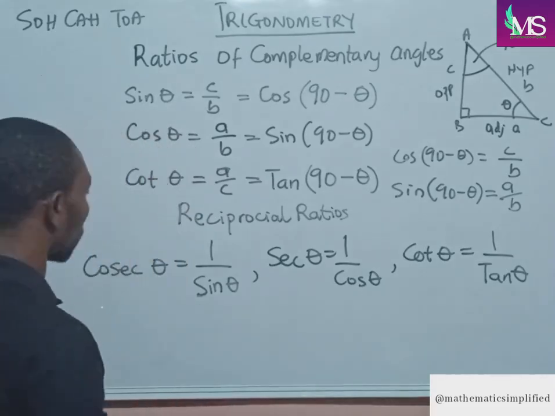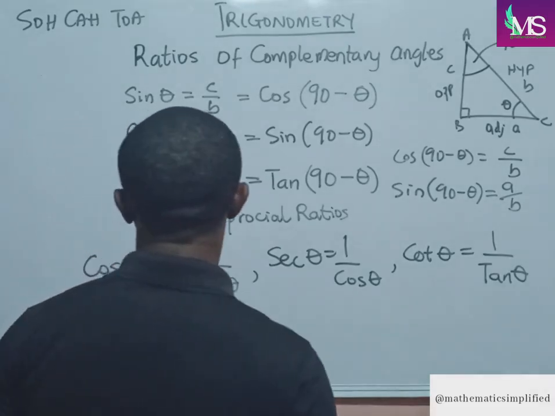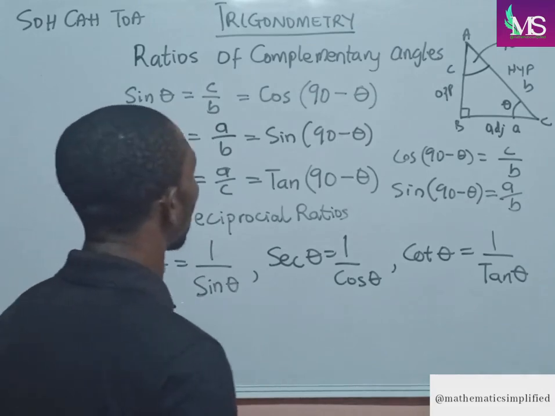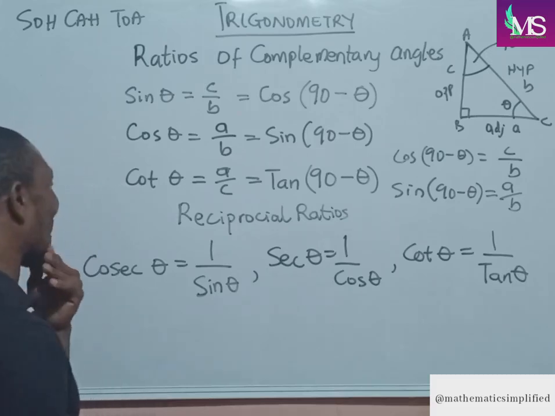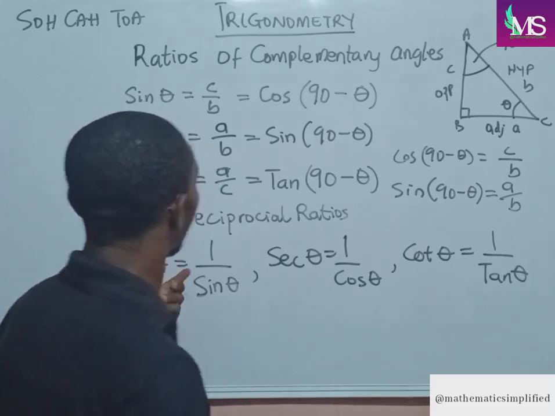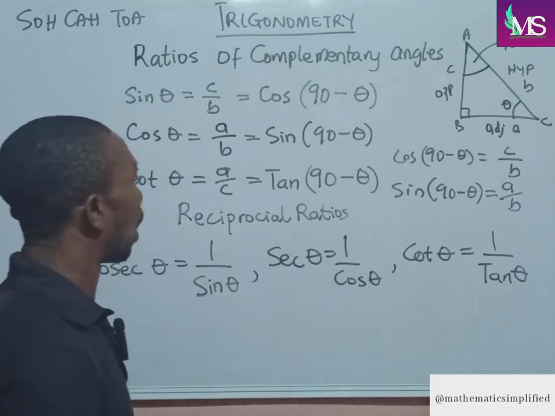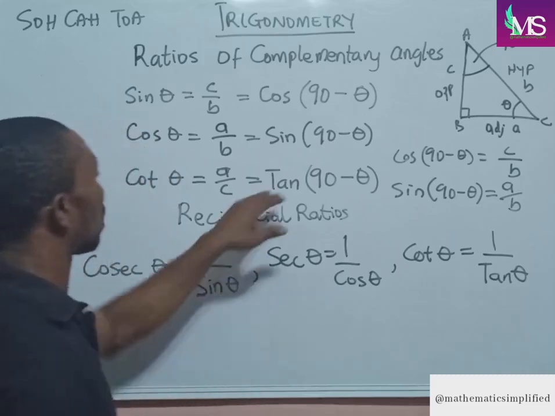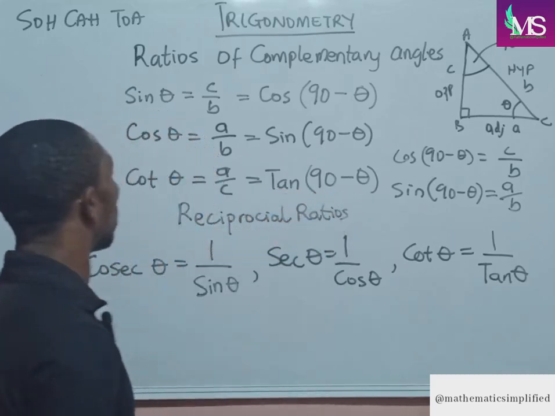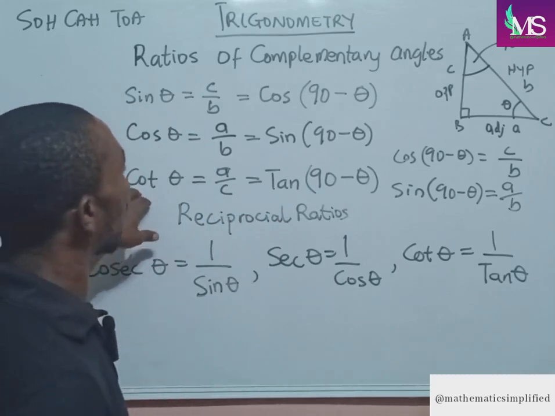Now for tan, remember we said that tan theta equals sine theta over cos theta. Now for us to get the complement of sine, tan theta is going to be cot theta.